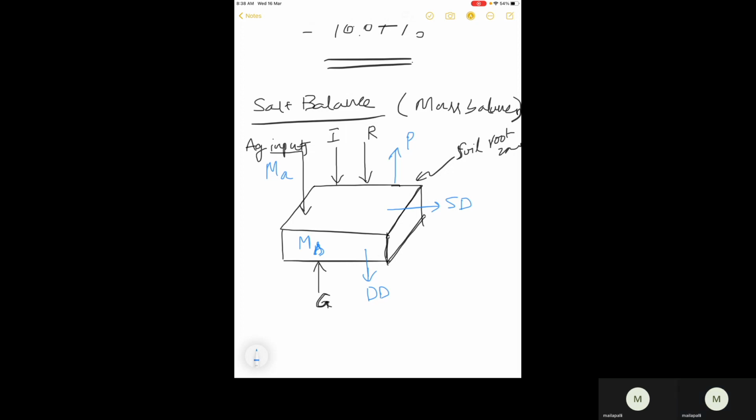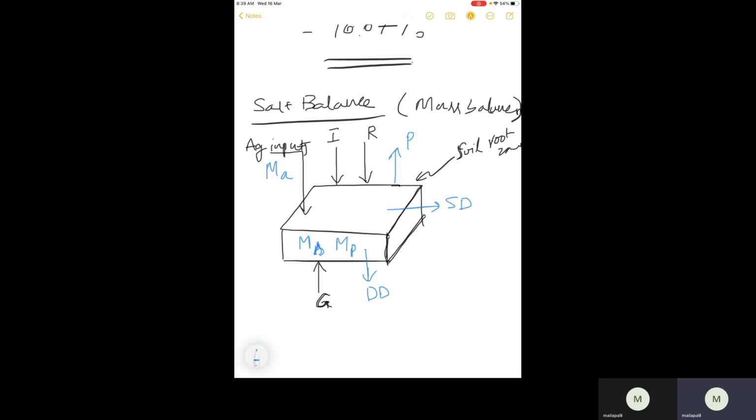And then since P is going up, there's a possibility of MP, precipitation. Precipitation is also possible, because when the concentration is higher, there is no space for dissolution, so obviously some salts are going to precipitate.